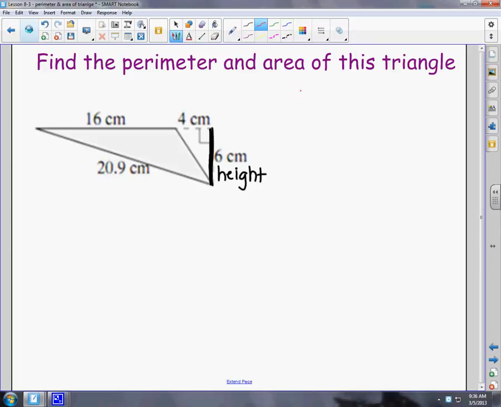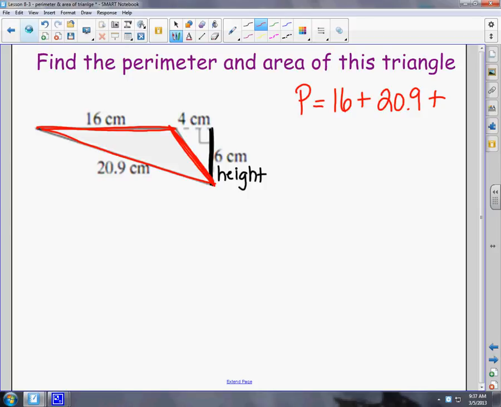All right, so perimeter is, we are going to do 16 plus, so this is this side right here, plus 20.9, plus, now I don't know what that other side is. If I have a 4 and a 6, I don't know what this side is right now, and that is something you haven't learned yet.